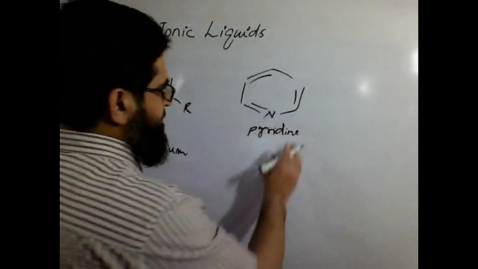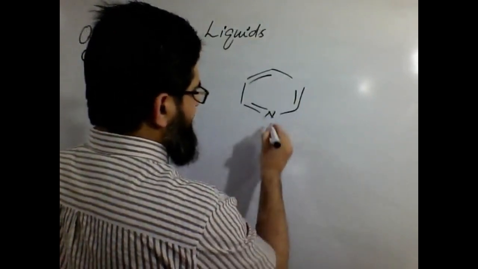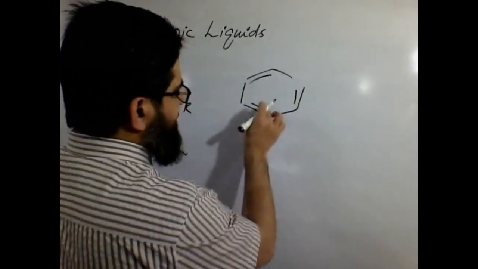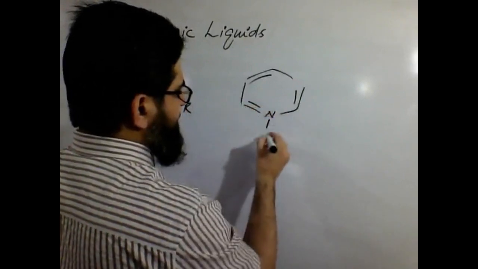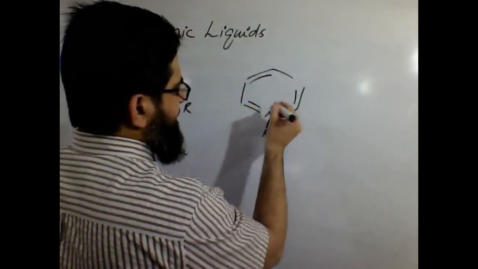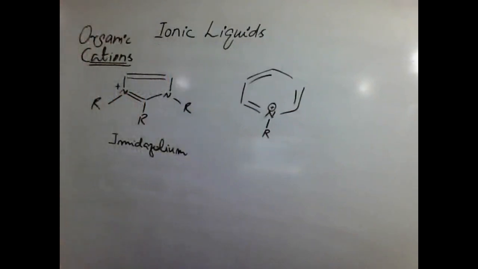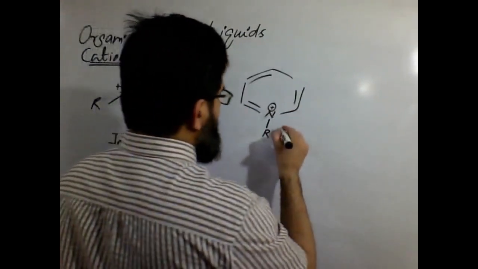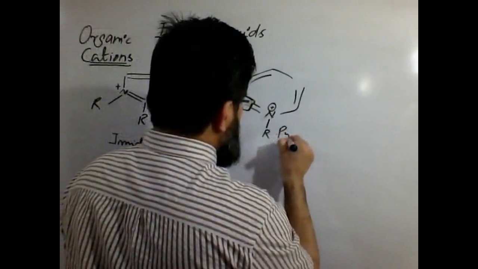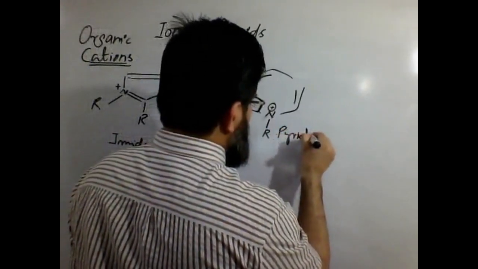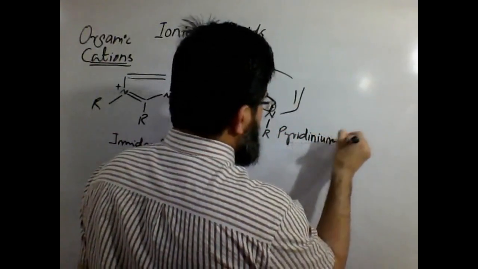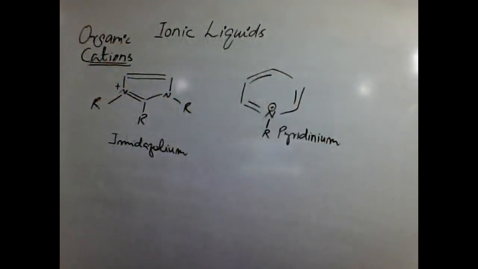Okay, so if this pyridine gets substituted with another substituent, the nitrogen will carry a positive charge, so it will become a cation. It can be called pyridinium.